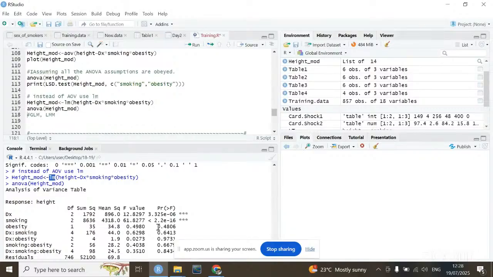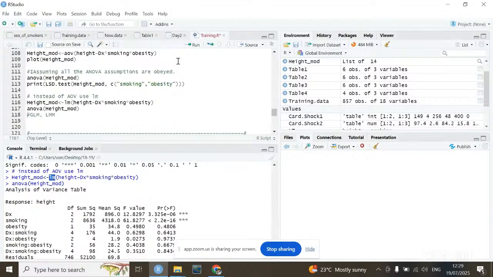So for those who are having experiments, let me say the breeders, and they want to see the interactions, let me say, for instance, the genotype by environment, then you'll have to use the genotype. Sometimes it depends on the experiment you're dealing with.